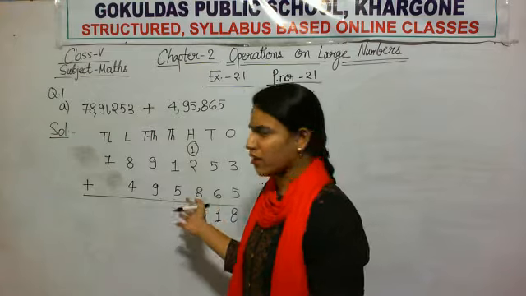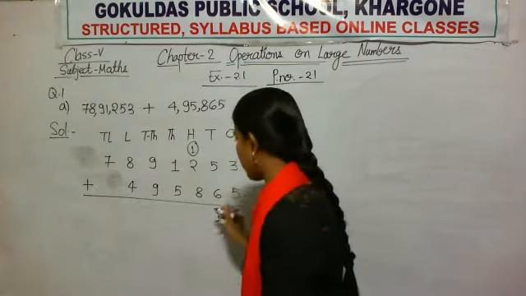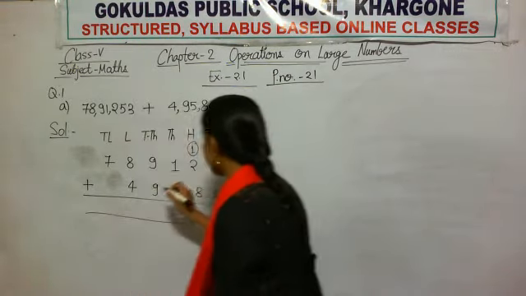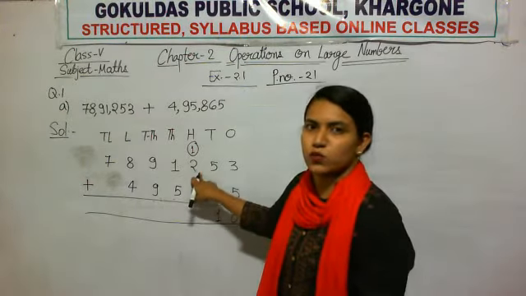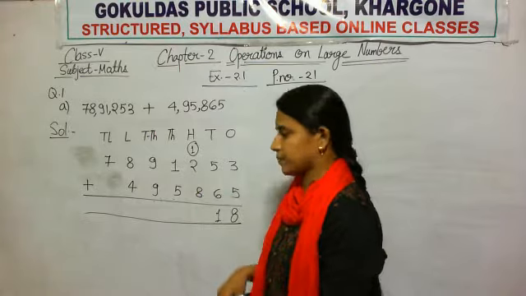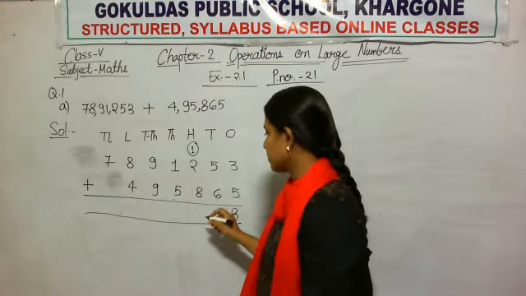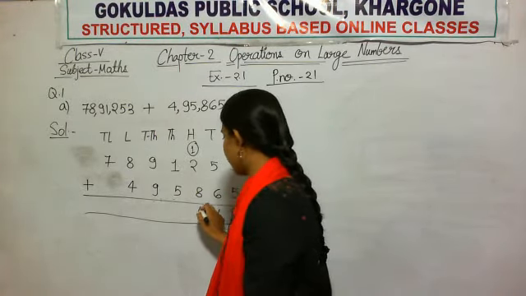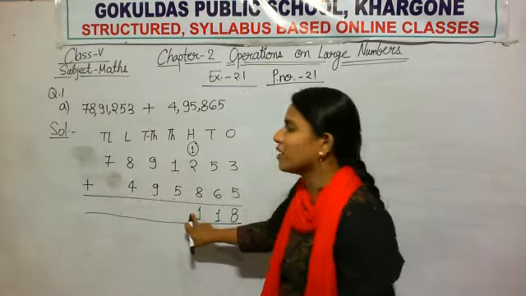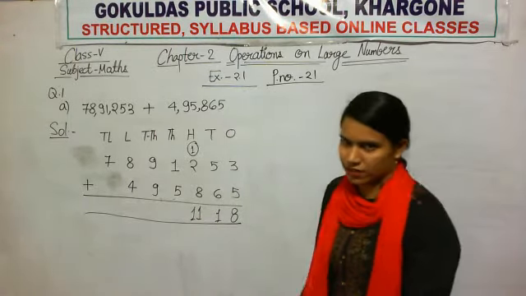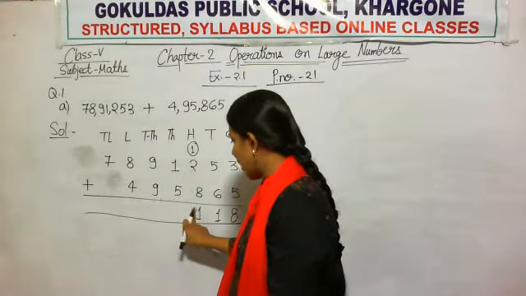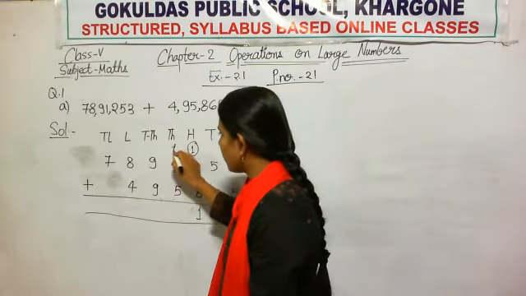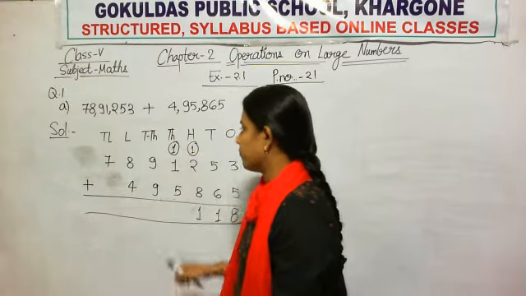I know you are all aware of addition, so I am not going to explain that much. 1 plus 2 plus 8: 1 plus 2 is 3, 3 plus 8 is 11 again. You cannot write 2 digits like this here, so you write 1 here, and the next 1 is regrouped with the next column.